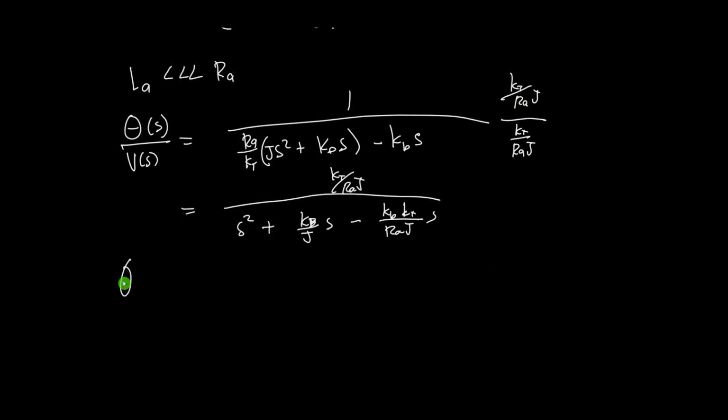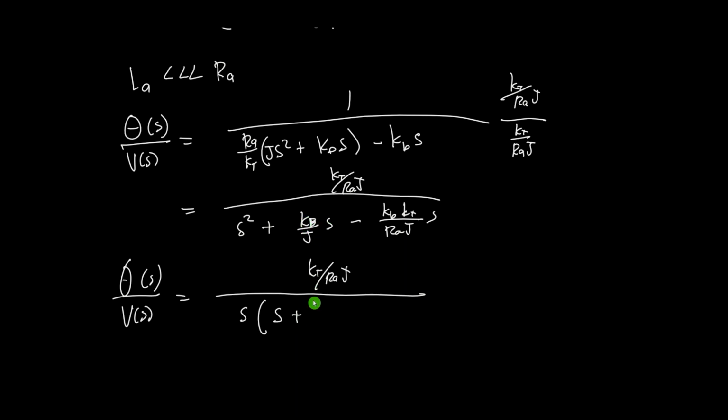So the transfer function now will be equal to KT all over RA times J all over S, factor out S. Then I have S plus this 1 over J. Then you multiply it with 1 minus the KB times KT all over RA.